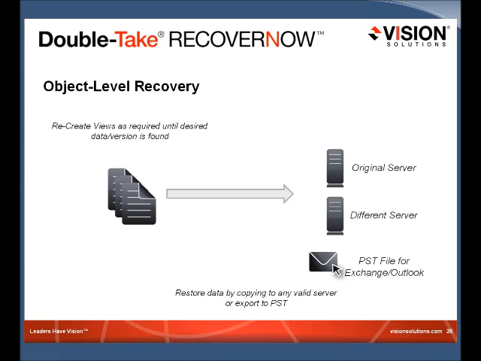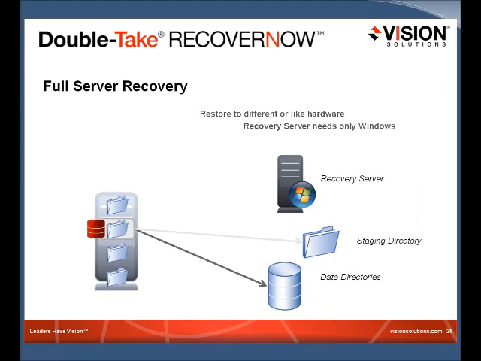For the data protection that we talked about originally in the availability product, Recover Now gives you the ability to do data recovery. So if you only want to recover the data for a specific server, you can do that. You can do object level recovery. Also with the Recover Now product, we offer you full server recovery, and this operates the exact same way that we talked about with the availability product. The difference here is that you're performing that recovery from the repository server, and you're going to point to that recovery server.